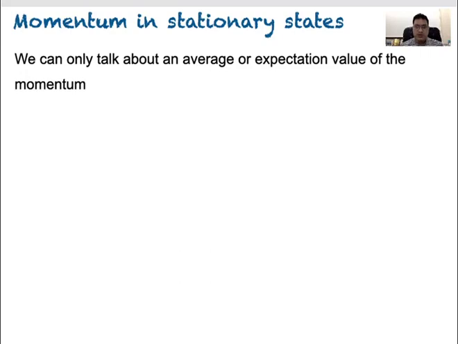When we talk about the momentum associated with the wave function, it is meaningful to talk about either the average momentum or the expectation value of the momentum. We have seen how to estimate the momentum value of your operator.